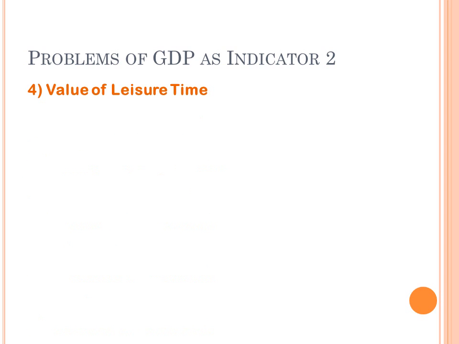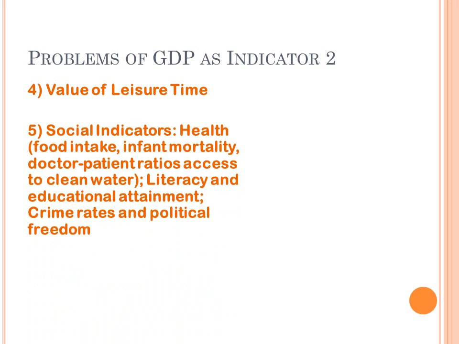GDP figures will not include the value of leisure time, probably more of an issue for very developed countries as opposed to developing countries, and they don't include social indicators such as health, food intake, doctor-patient ratios, access to the internet, access to clean water, freedom, and all these things.